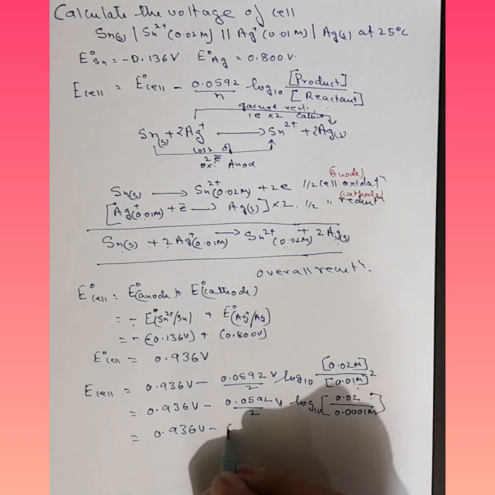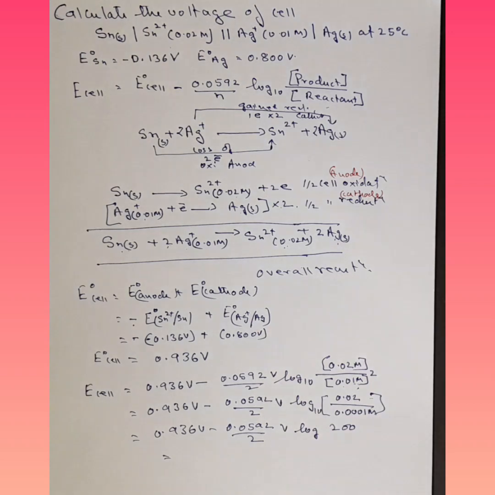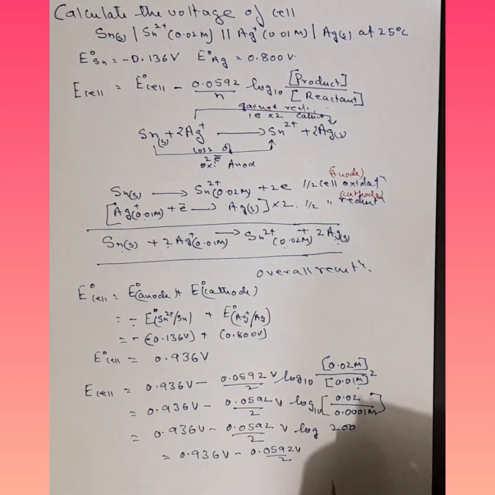So this was 2 into 10 raised to minus 2, and this was 1 into 10 raised to minus 4. So when it goes up, it becomes 2 into 10 raised to 2. So that is equal to 200. Now I told you that we can do cancellations.